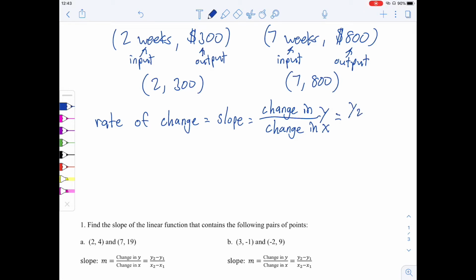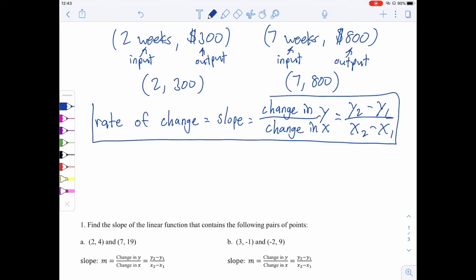And we're using y2 minus y1 over x2 minus x1. This is the equation that we need to remember. And how do we get those points? Our first point is going to be x1, y1 because we have 2 points. Our next point is going to be x2, y2 because that's our second point. And we just plug it in.